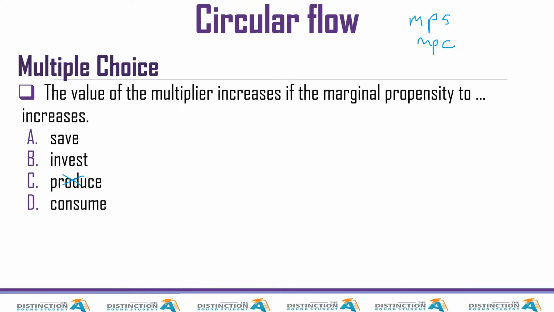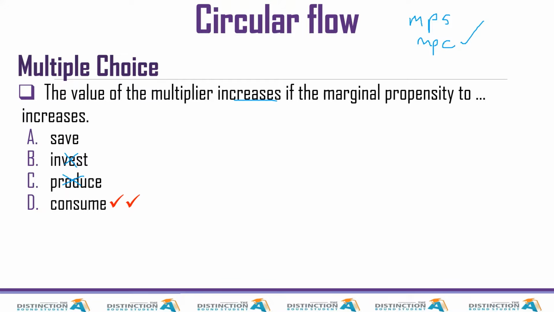No. Have you ever seen marginal propensity to invest? No. The answer is either save or consume. Then come back. The value of the multiplier increases if the marginal propensity to dash increases. Right, if your answer is D, correct. So the answer is D, marginal propensity to consume.